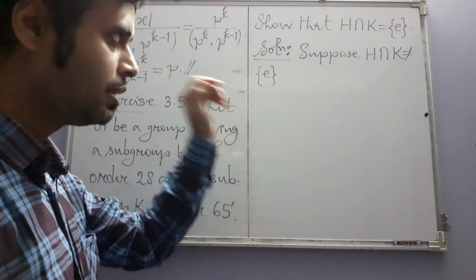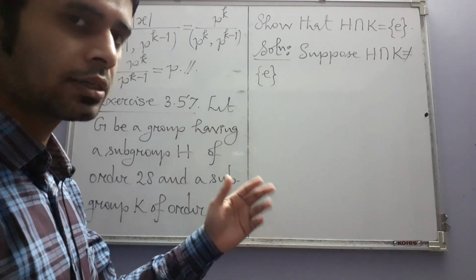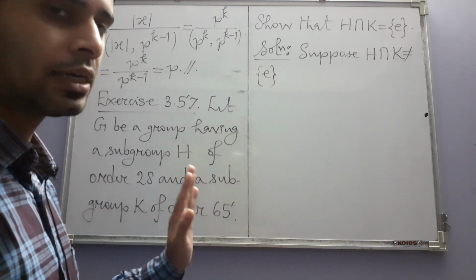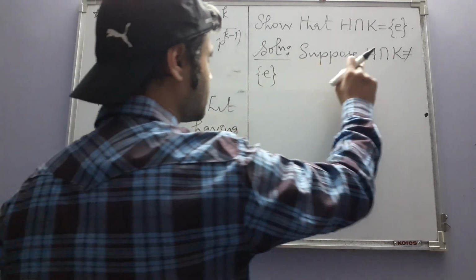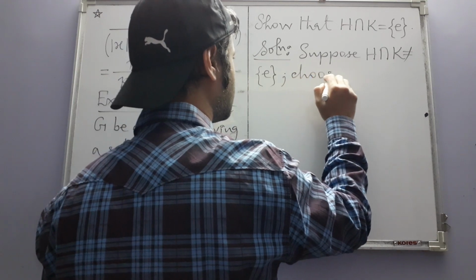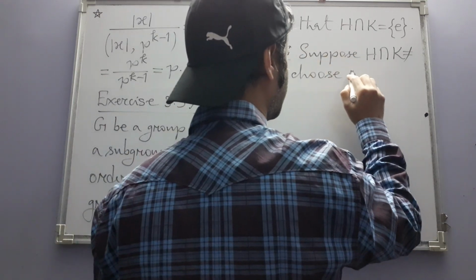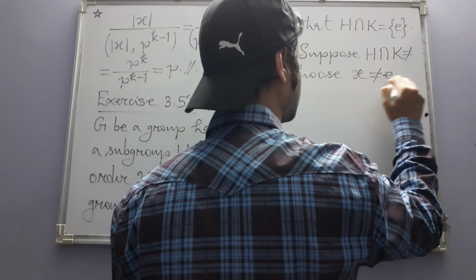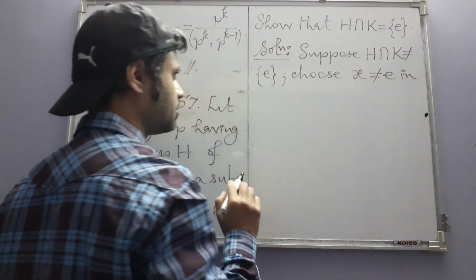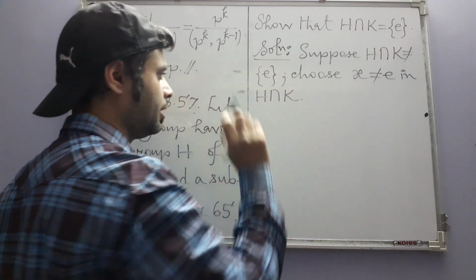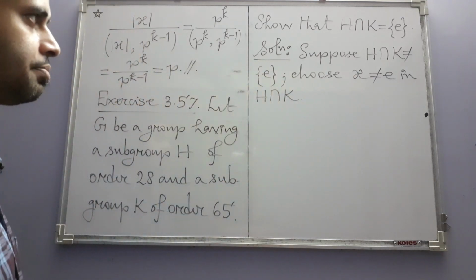So the identity will be there in the intersection. In fact, it will be there in any intersection of any number of subgroups, finite or infinite. But now, because of this supposition, we can choose an element, say X, which is different from E in H intersection K.